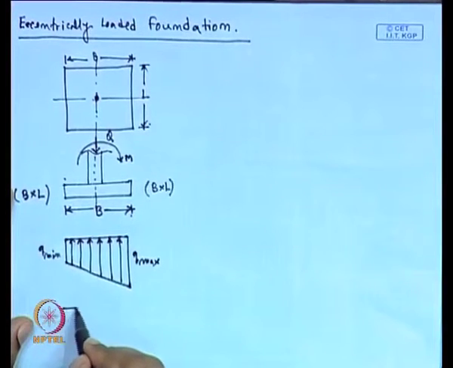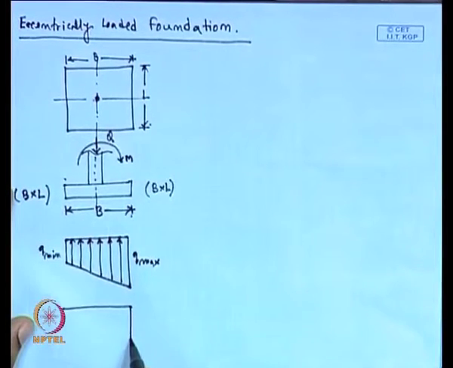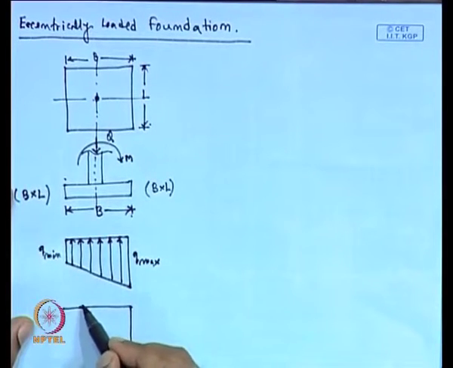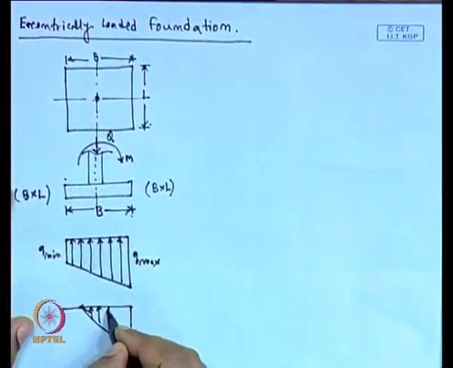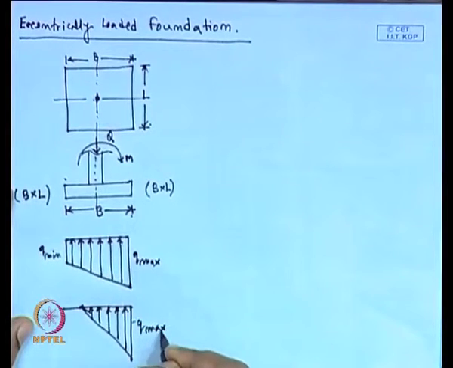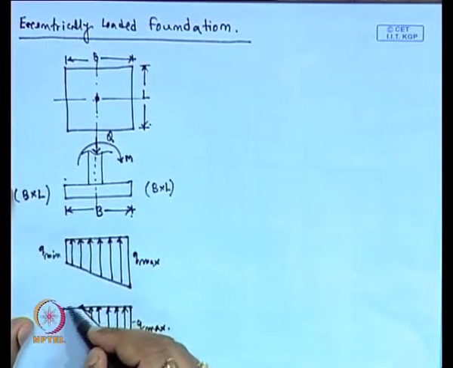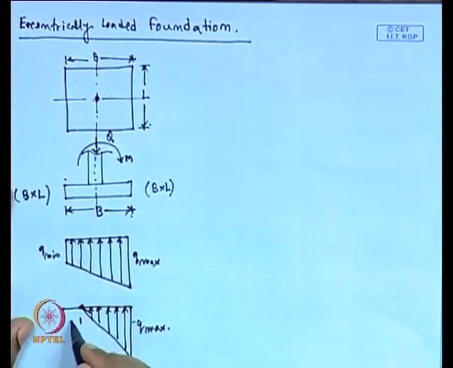Now, there is another situation where q max is this value and q min is a negative value. You can see that on this side the reaction is negative, which means tension will develop.